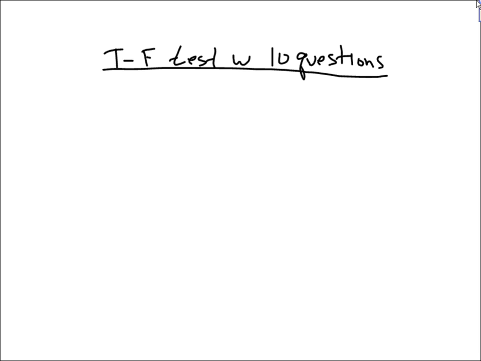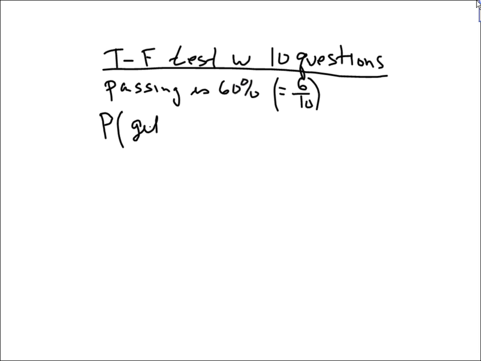And passing is 60%, which, by the way, is 6 out of 10. If you get 6 out of 10, you pass. What's the probability that you get exactly 60%?